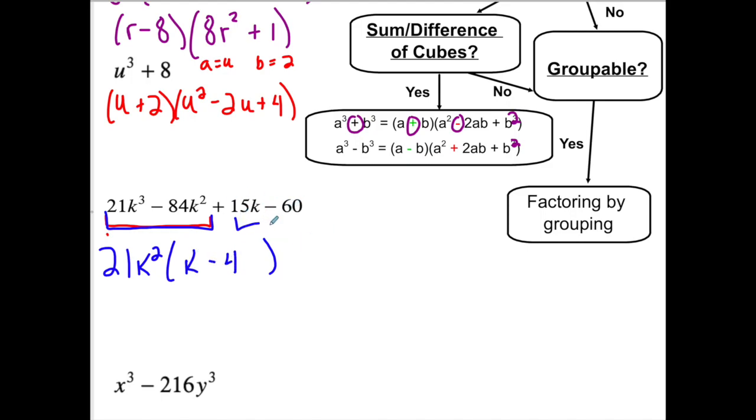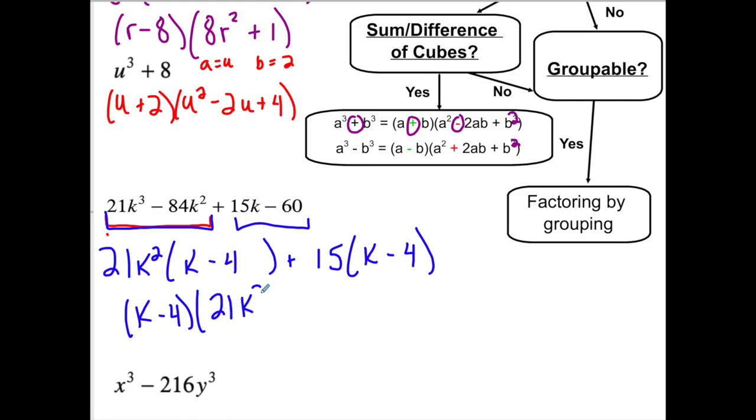And in the second piece, they have a GCF of 15. So I remove the 15 and I get k minus 4. So I now factor out the k minus 4, and what remains is 21k squared plus 15.